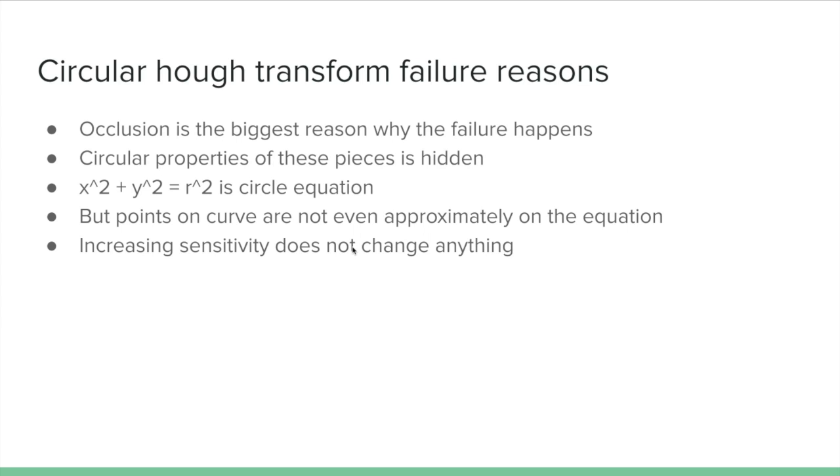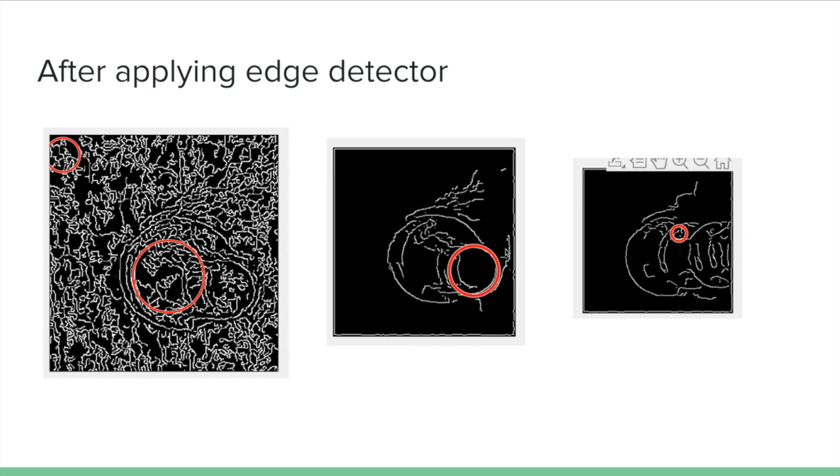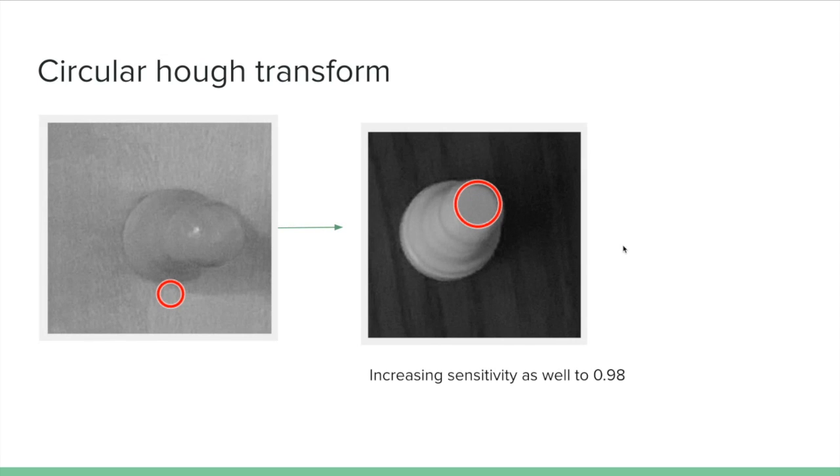Increasing sensitivity, even when I was able to change it to black and white using a Canny edge detector, did not actually help much, and it also takes into account images like these in which there really is no circular shape to be able to detect.